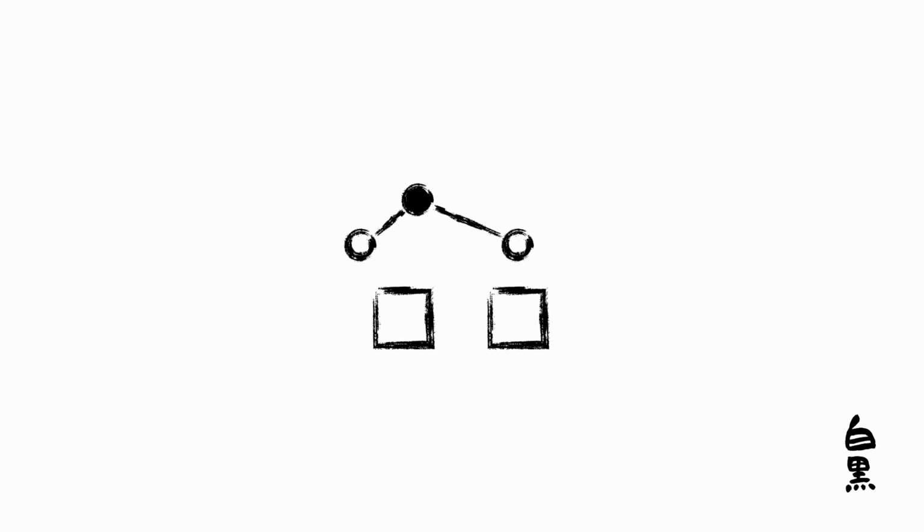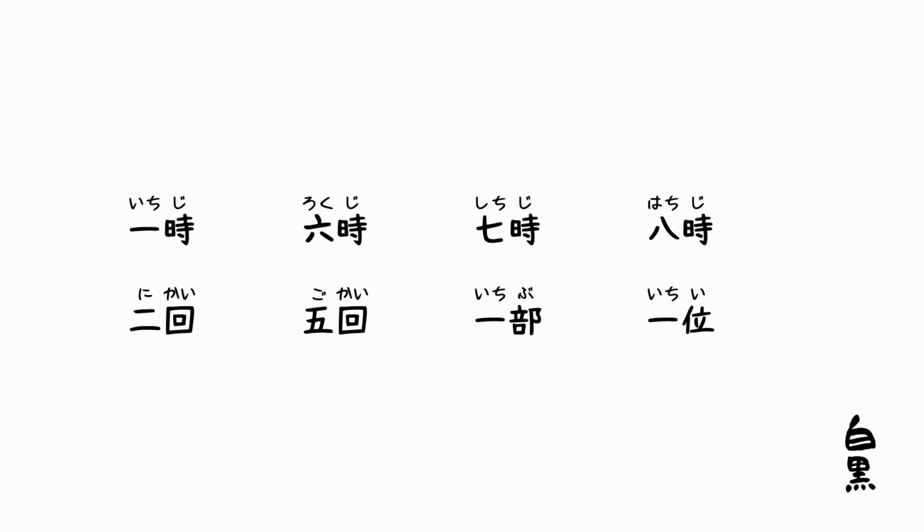For 2 plus 1, except words like 昨夜、質疑、福祉, most of them are numeral-related words, like 1時、6時、7時、8時、2回、5回、一部、一位.